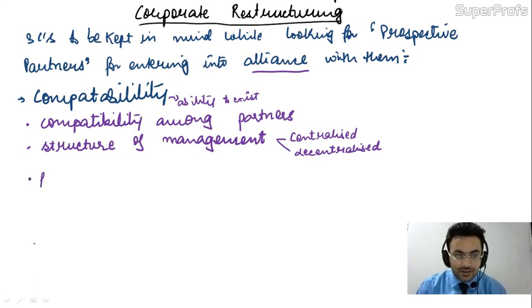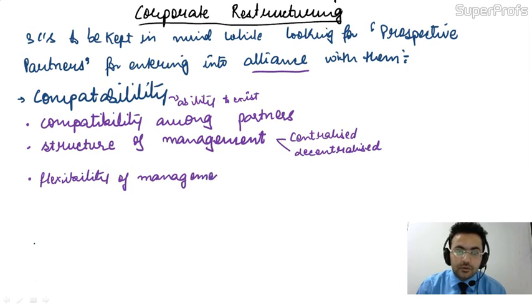Apart from that, flexibility of management. What is flexibility of management? Let us suppose that there is a change in the market. As we know very well, earlier there were some laws prevailing, like excise, service tax, VAT, CST, right?